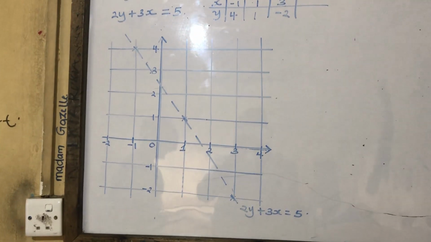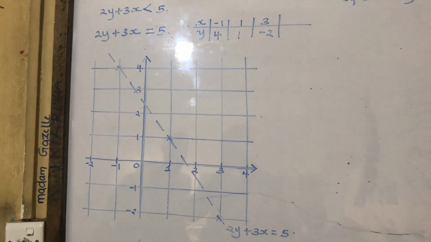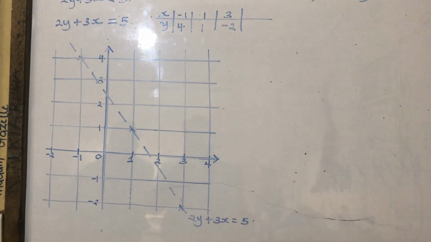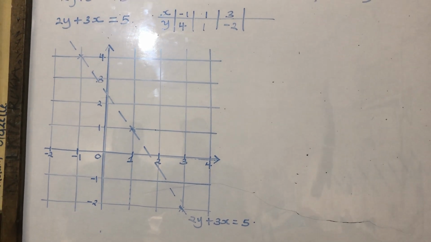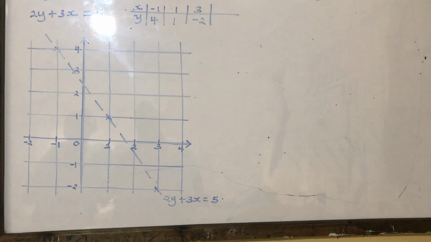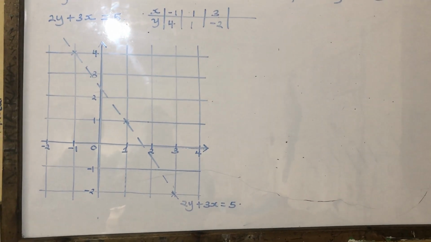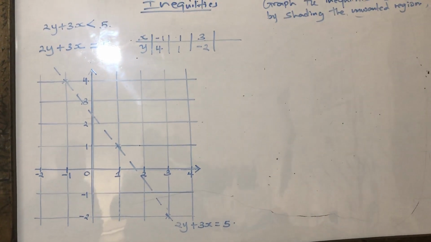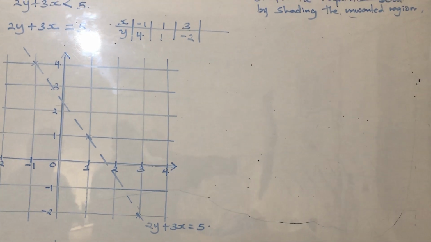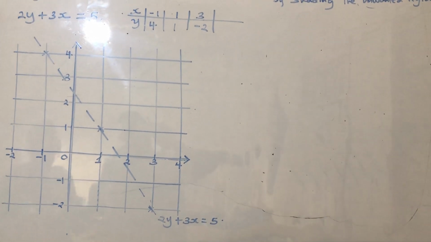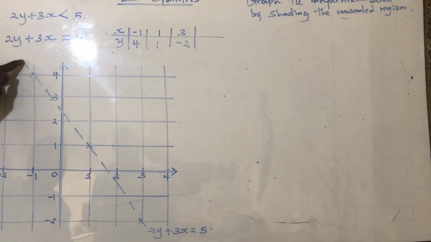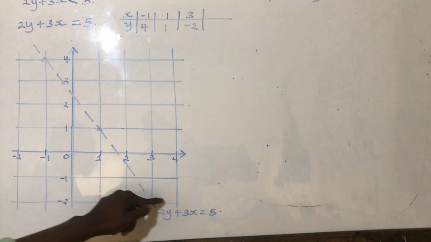Bringing us to the last phase, which side will we then shade? To decide on the region you want to shade, like I already mentioned, pick any point at random. But please remember, the point you'll be picking must never be a point lying on the line.